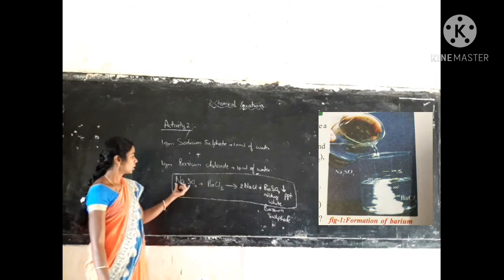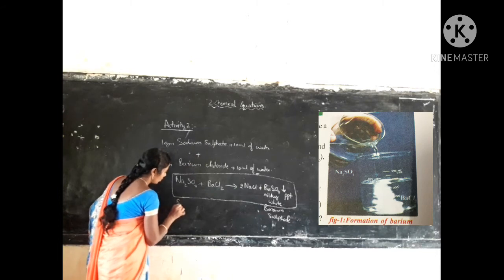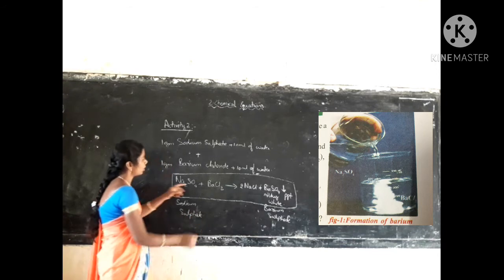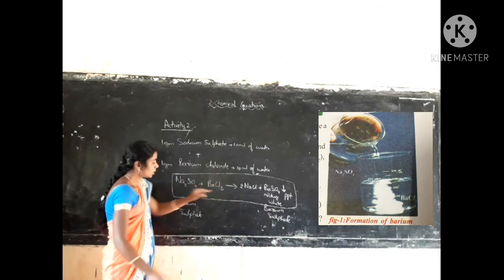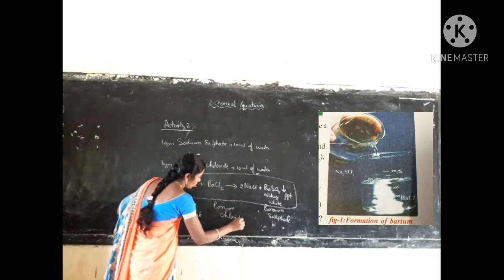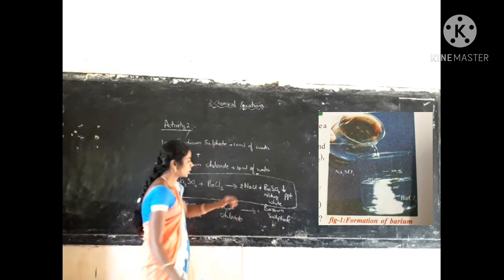So this is the second activity. What is this Na2SO4? Sodium sulfate, you can write here. And barium chloride. When these two are reacting, we are getting barium sulfate plus NaCl.